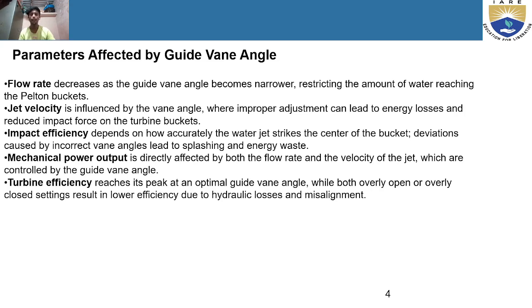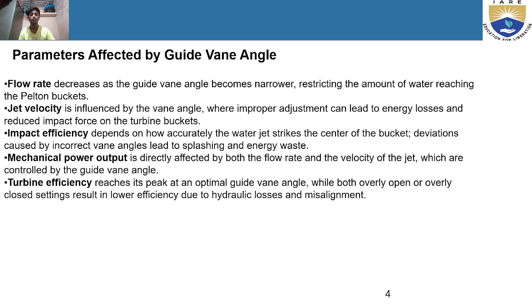Impact efficiency depends on how accurately the water jet strikes the center of the bucket. Deviating position caused by incorrect vane angle leads to splash and energy waste. Next, mechanical power output is directly affected by both the flow rate and the velocity of the jet. They are controlled by the guide vane angle.